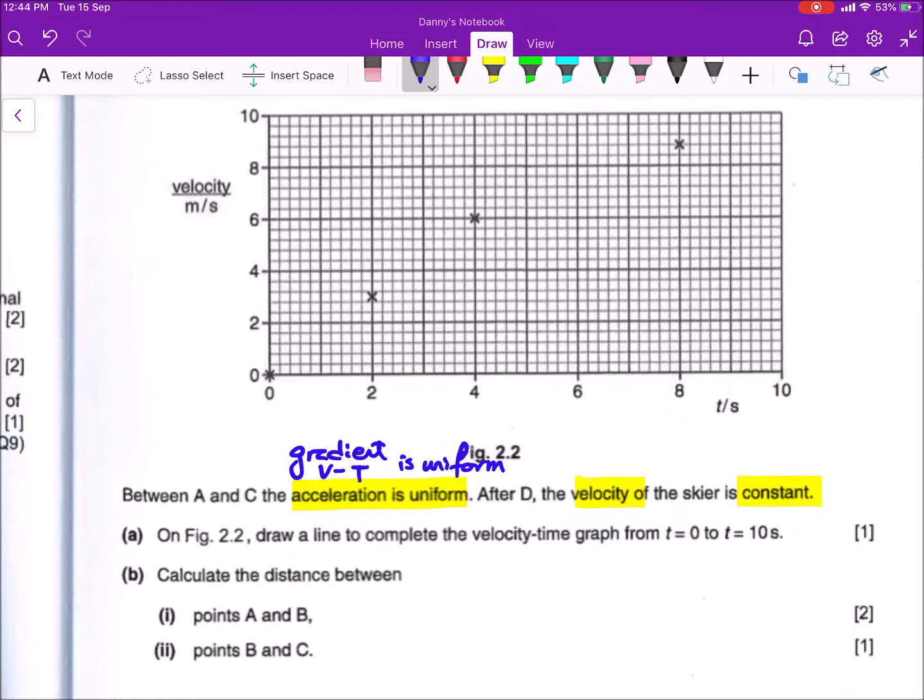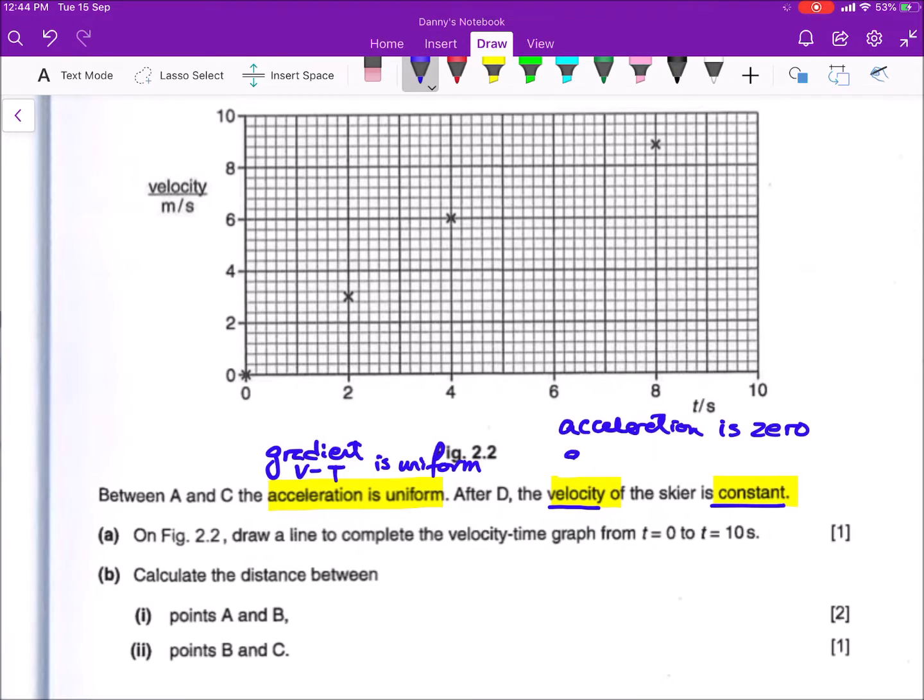So once you see a statement like this, v is constant, in your mind you can convert it to acceleration is 0. And like what we have said before, acceleration is basically gradient, right? So if acceleration is 0, then the gradient of a VT graph will also be 0. Gradient is 0 means that your line is flat, horizontal.